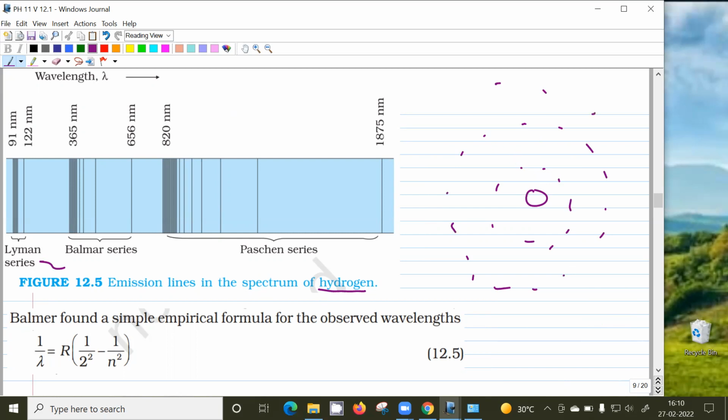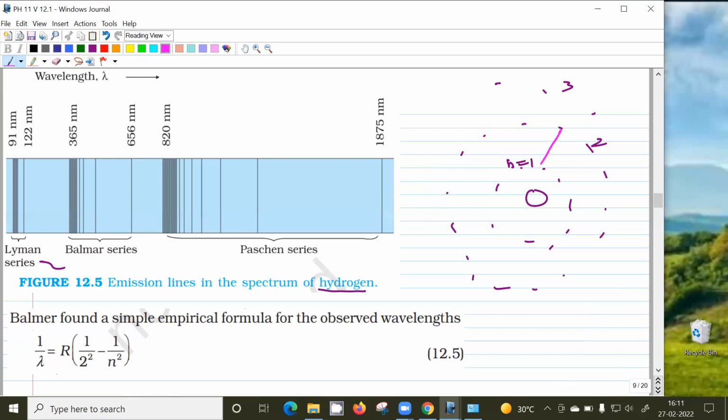So this is n equal to 1, this is n equal to 2, this is n equal to 3. When the electron from a higher orbit jumps to a lower orbit, what will happen? Energy will be lost. It will emit radiation.